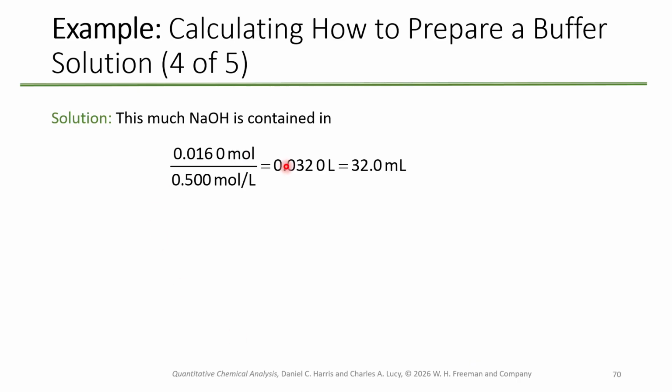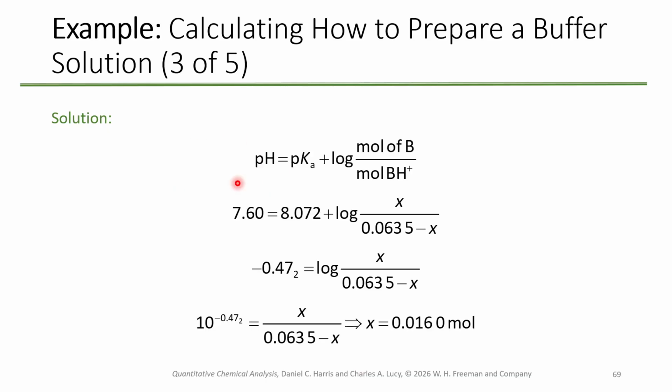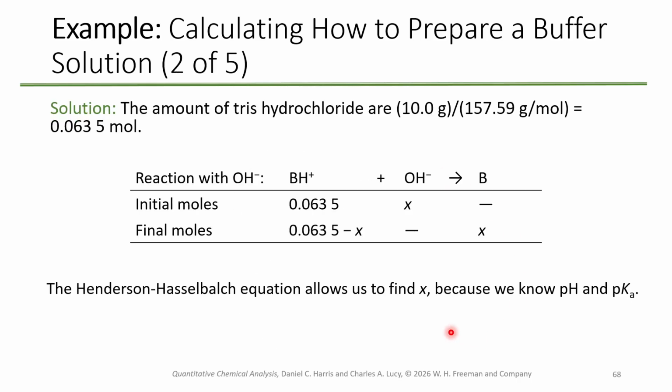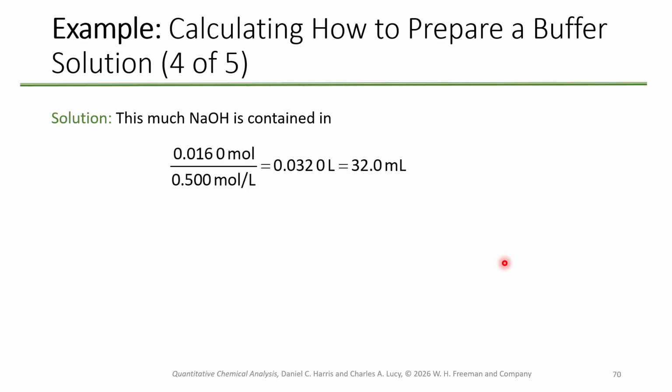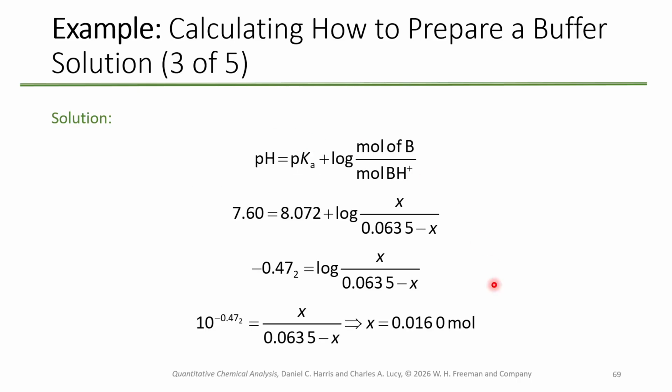Now, in this formula, this is how much NaOH we have here. So that gave us X here, which solves for the final moles of the BH plus and B here, right? Okay. So what we need to do to figure out the amount of NaOH is we have our moles, don't we, that we need to neutralize here. That's our moles that we need to produce.